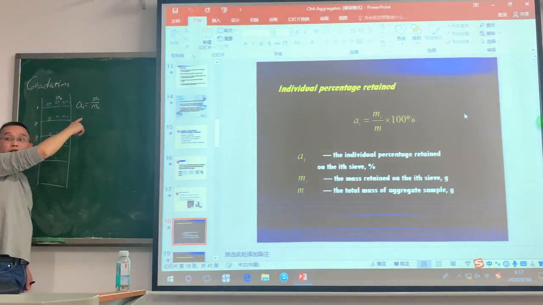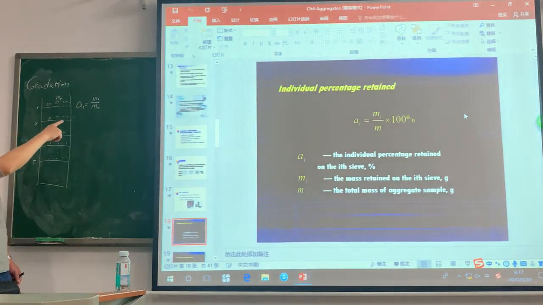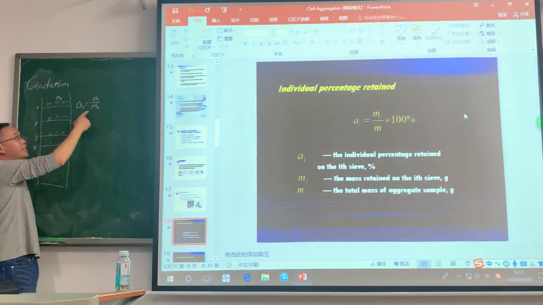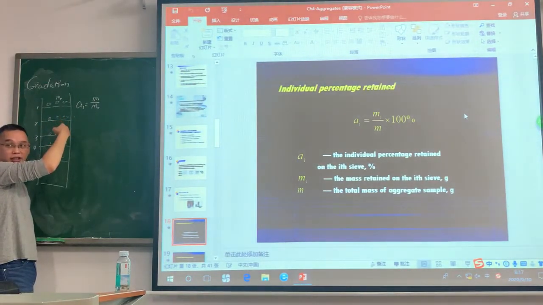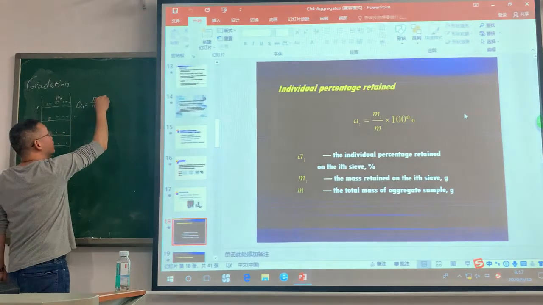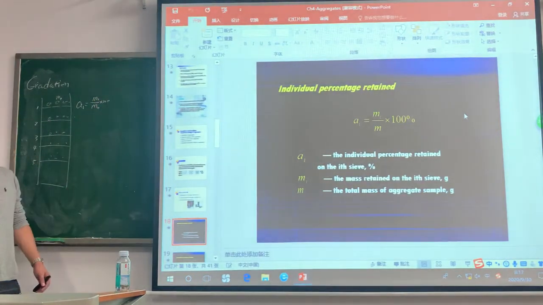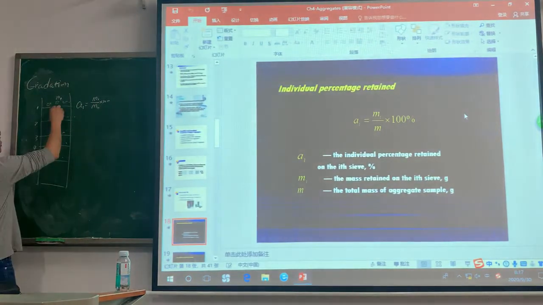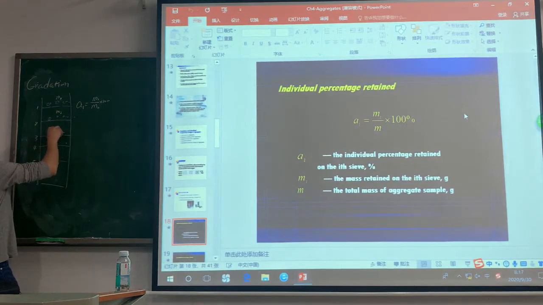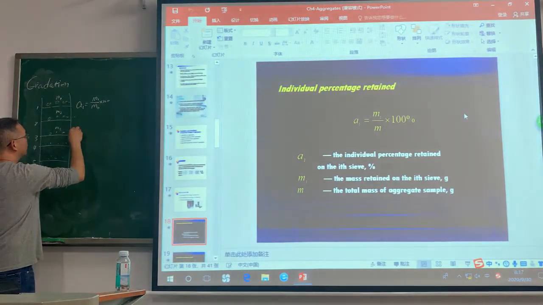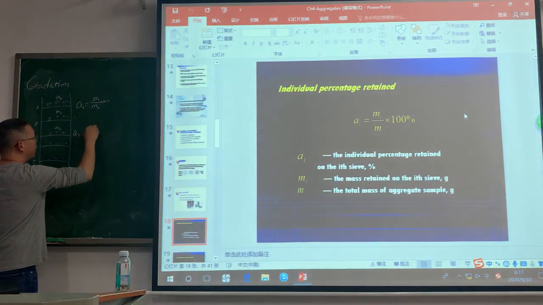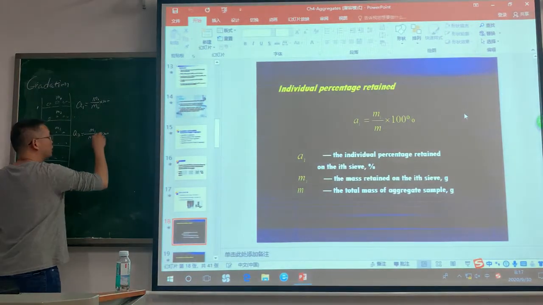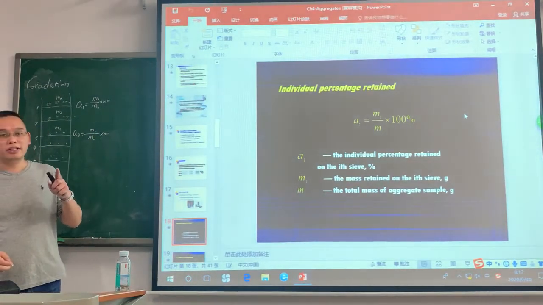The total mass of the aggregate. This is the individual percentage retained. For the third sieve, A3 means M3 over the total mass.